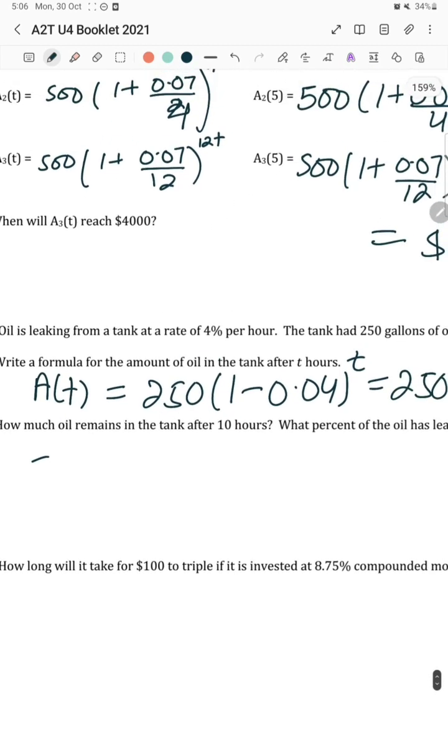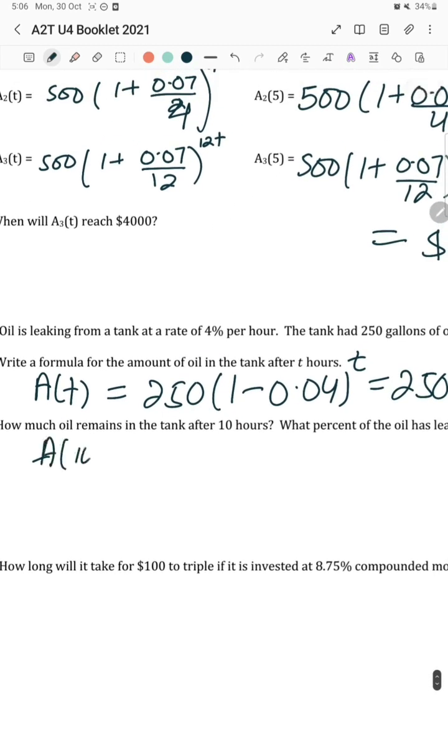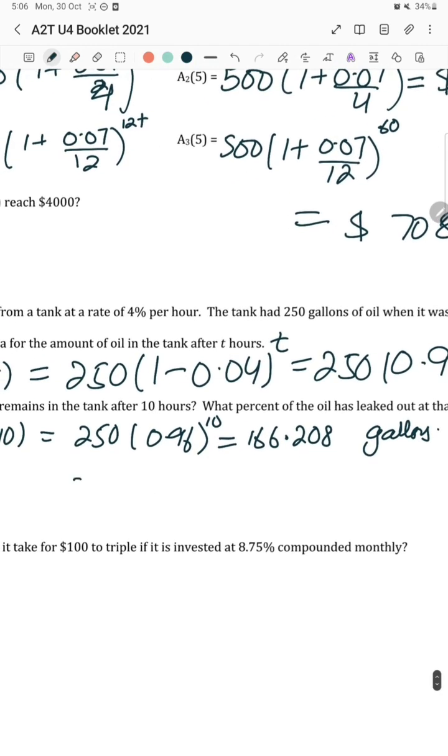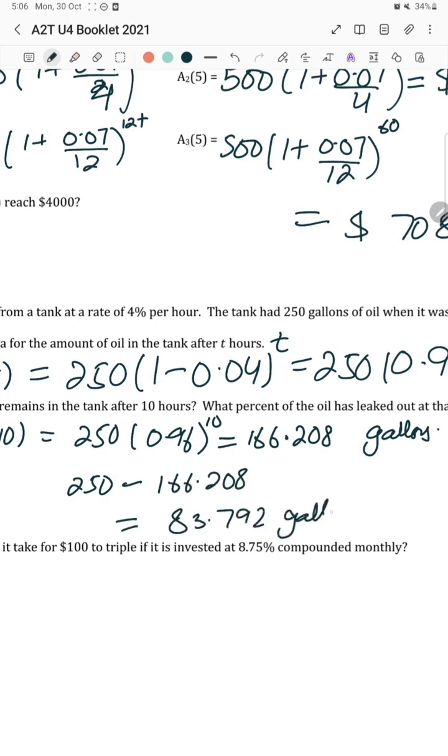A(10), which is equal to 250(0.96)^10, which is equal to 166.208 gallons. So total it was 250 minus 166.208, which is equal to 83.792 gallons leaked out.